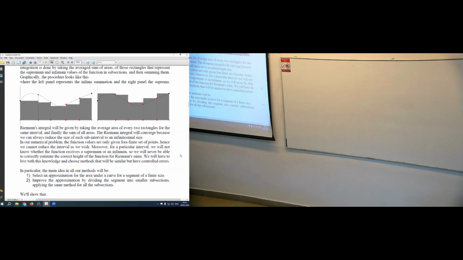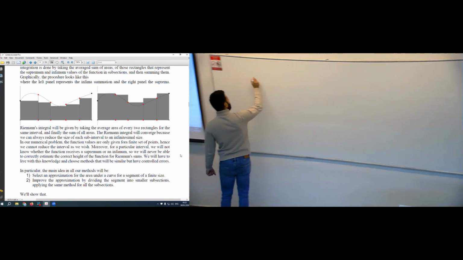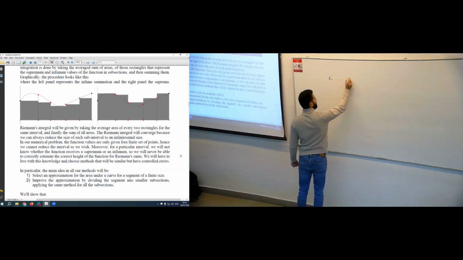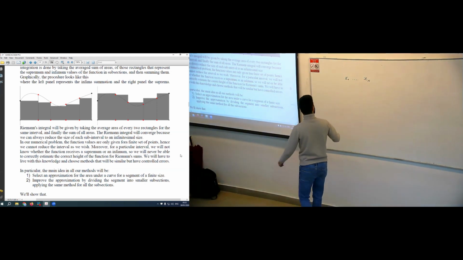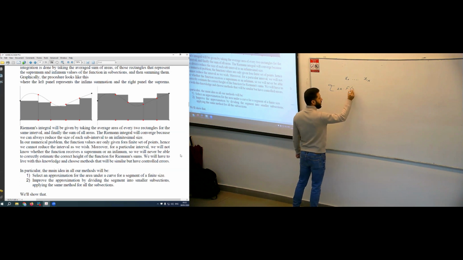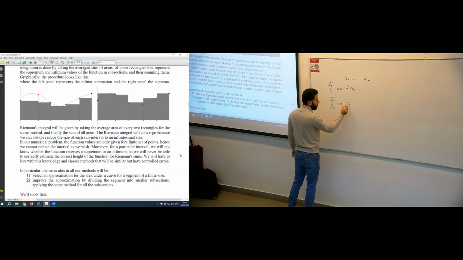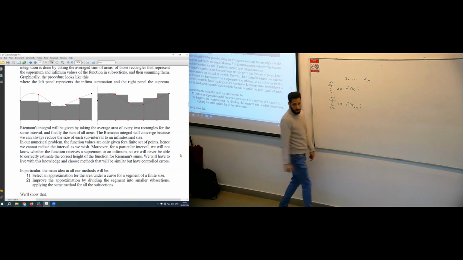And here you take the other. Now if I call the points x0 up to xn, the first one is the sum of delta x multiplied by f of xi, and i goes from 0 to n minus 1. That's the first one. And the second one is i goes from 0 to n minus 1, delta x multiplied by this.